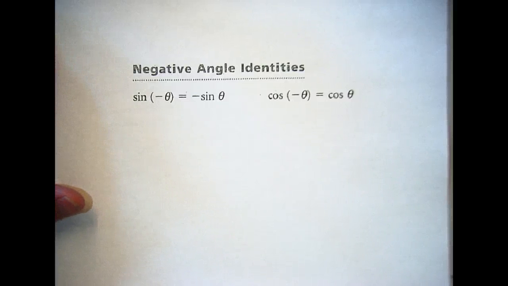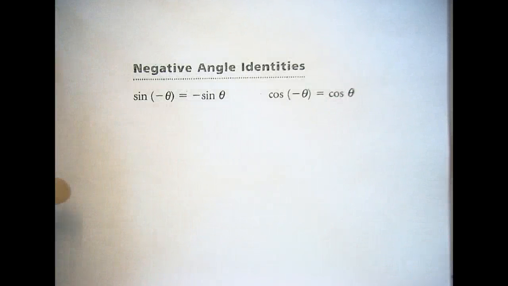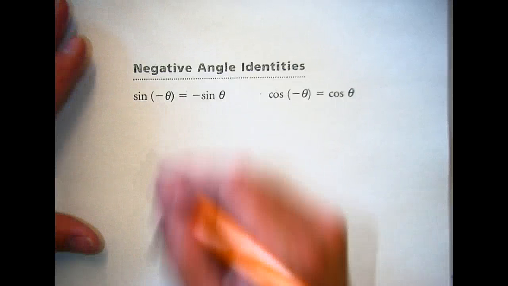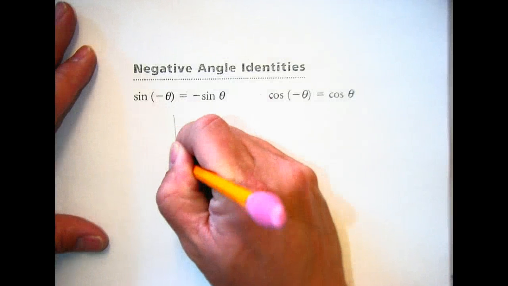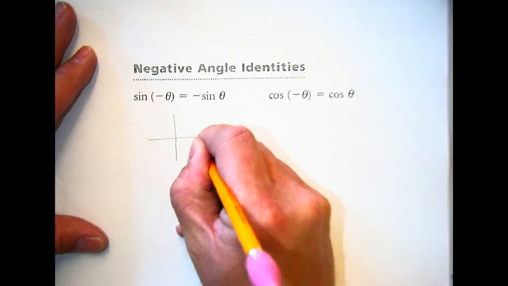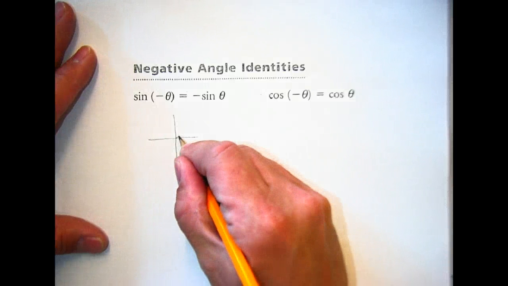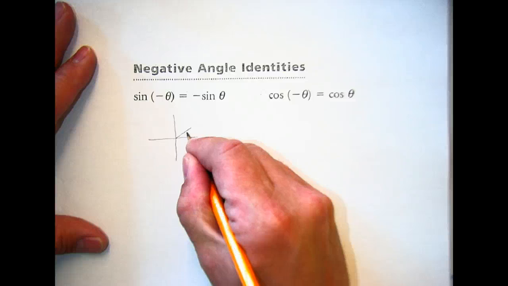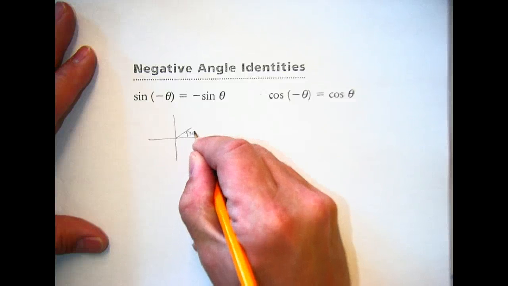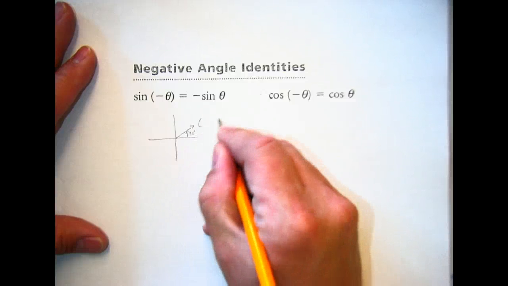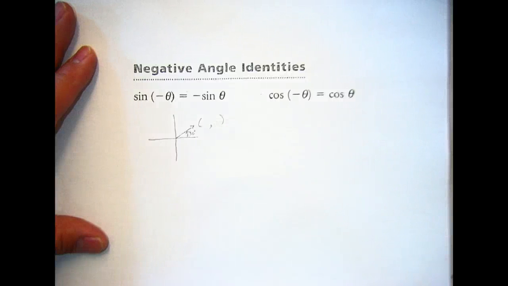Much easier. Hey, you can really think of these in terms of graphic form. You can also think of them in terms of your unit circle. If I were to look at the unit circle and I'm here, say at 30 degrees, what's my value of sine at 30 degrees?